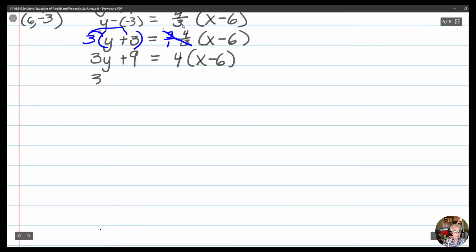So 3y plus 9 equals 4x minus 24. Okay, notice that I didn't distribute in the same step. The world has not yet, I don't think, come to an end.